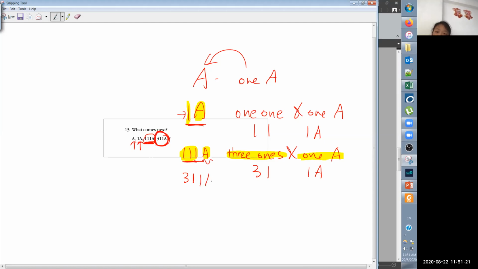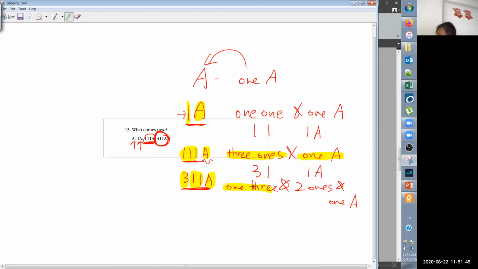Okay. So now, here. So how do you read? You have 1, 3, 有一个3，然后 2 ones 两个1 and 1A, right? Can you read? You have 1, 3, 2, 1, and 1A.